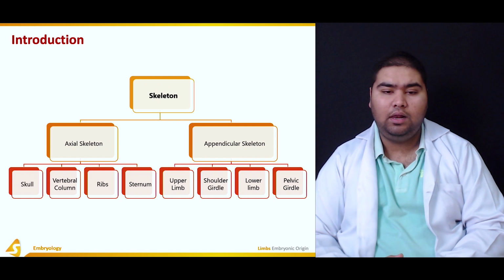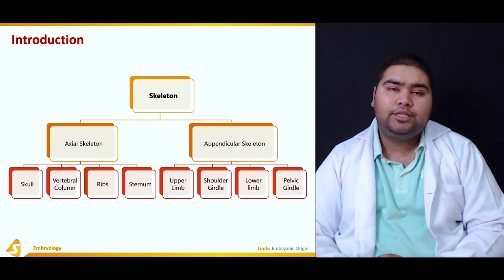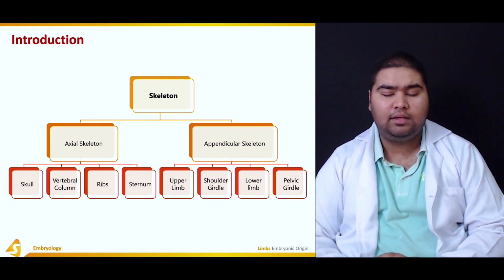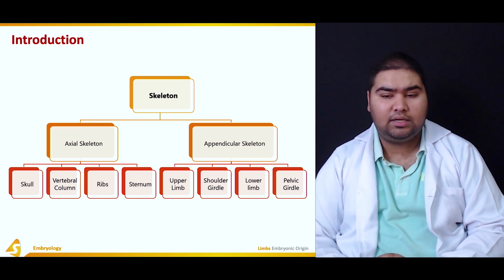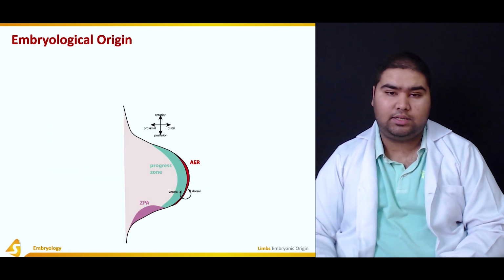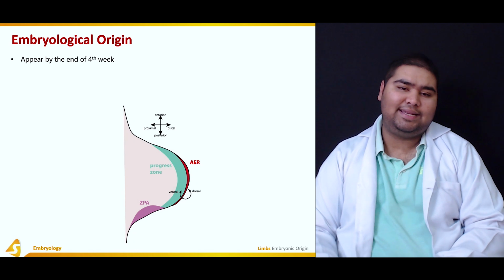These are the skull, the vertebral column, the ribs, and the sternum. The bones that help in the formation of limbs form the appendicular skeleton. These are the bones of the upper limb, the shoulder girdle, the lower limb, and the pelvic girdle. So let's take a look at the embryological origin of the limbs.